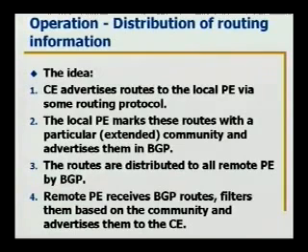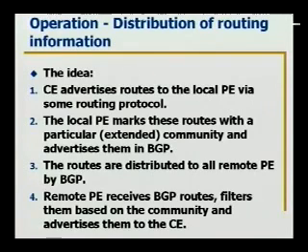So let's see how routing information is distributed in this model. What's the idea? We have the CE advertising routes to its local PE with some routing protocol or even with static routing. Now the local PE is going to take these routes, mark them with some extended community, and advertise them in BGP.